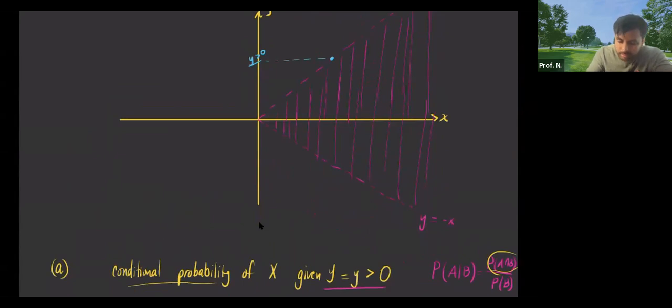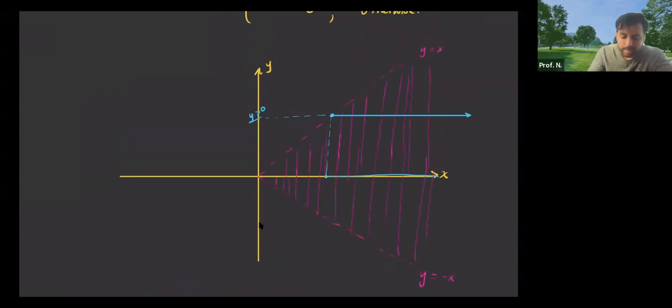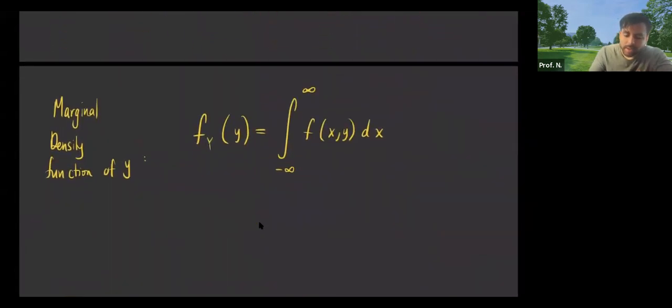What that means is we're really highlighting this horizontal line. Once y is established, what are all the x values? The x values go from the y value, because here y equals x, right? Y equals x right here. So the x values range from y to infinity. That is why the bounds here are y to infinity.